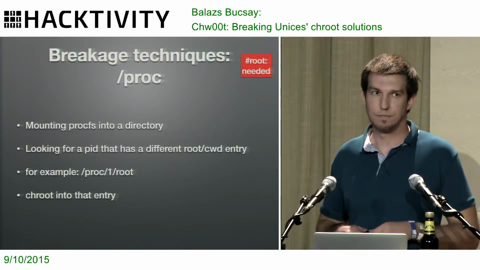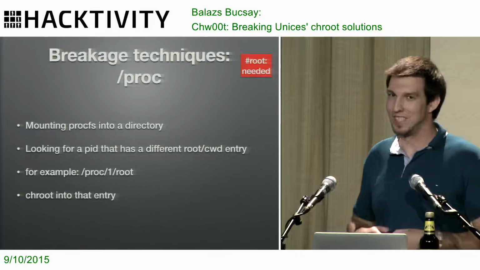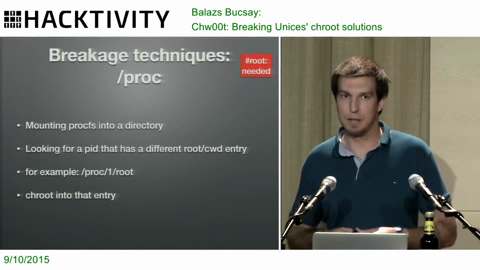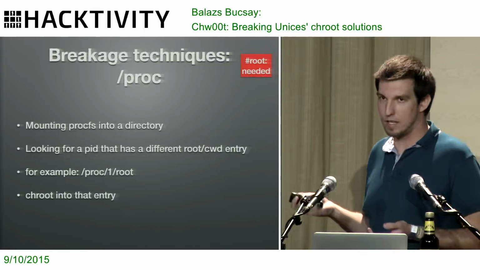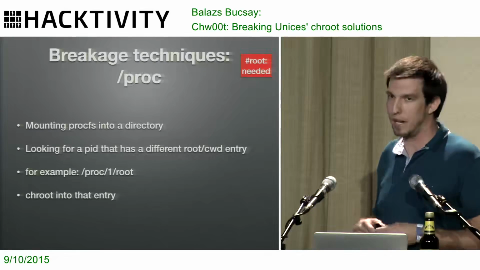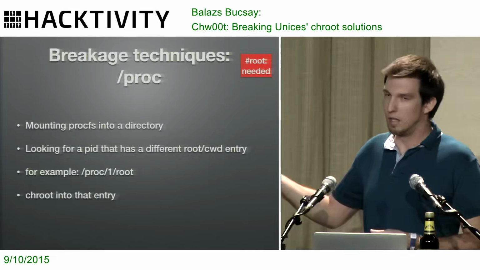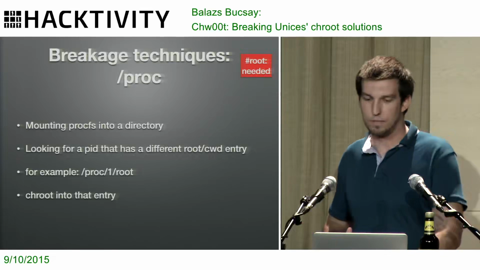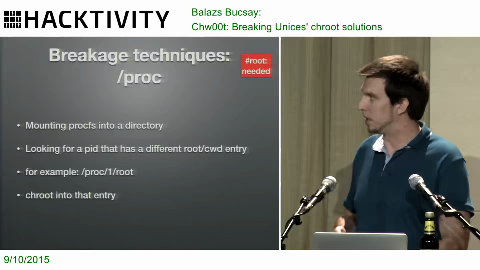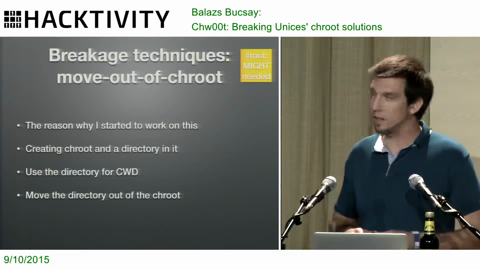Maybe? Nobody? Somebody should know it. This is the init process, which helps you boot your OS. Init always has PID 1, and that always has the right root. So you just chroot into that directory, and you will be outside of the chrooted environment.